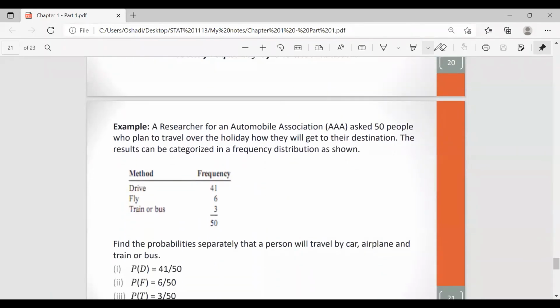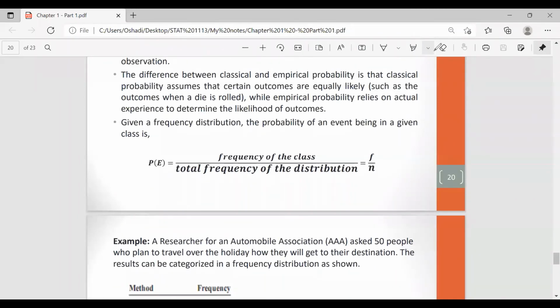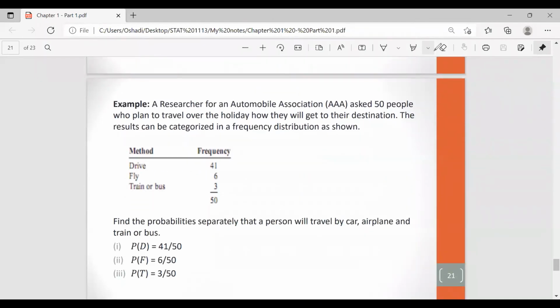The frequency of the first class, the drive class, is 41. The total frequency of the distribution is 50.